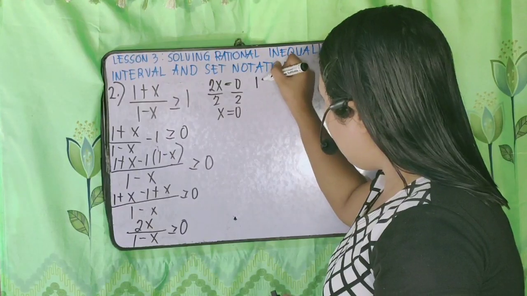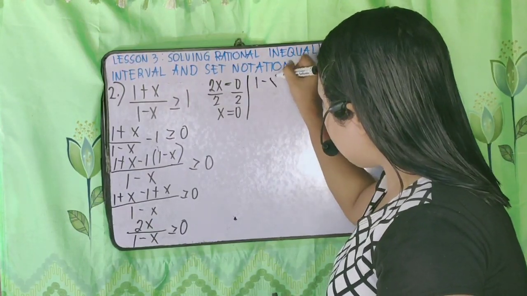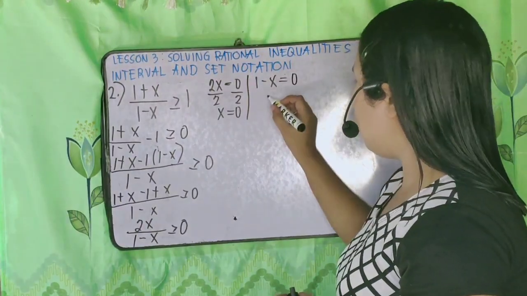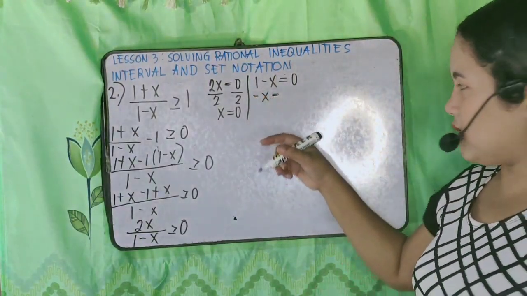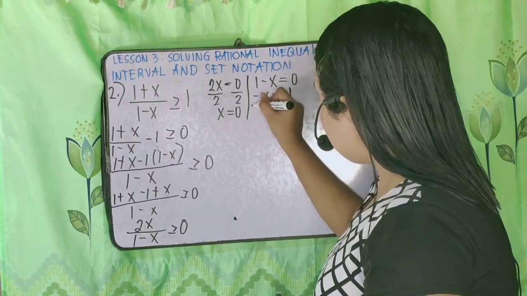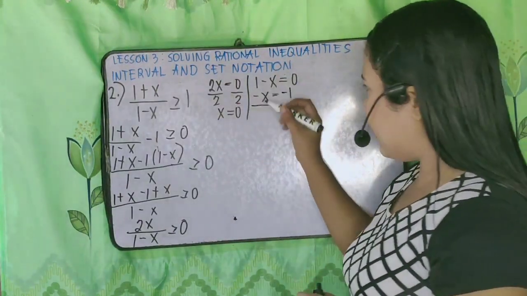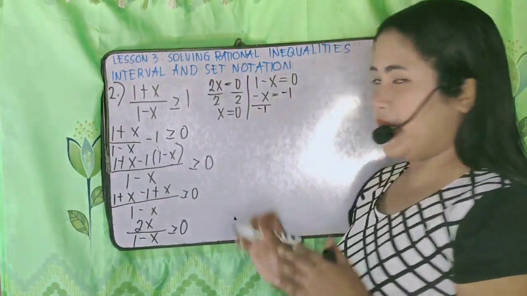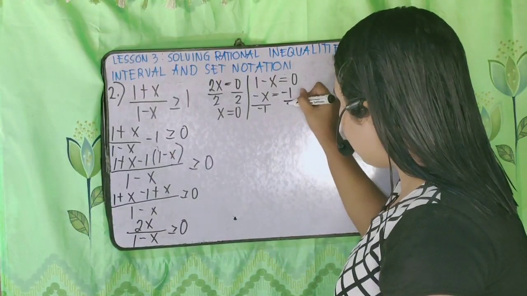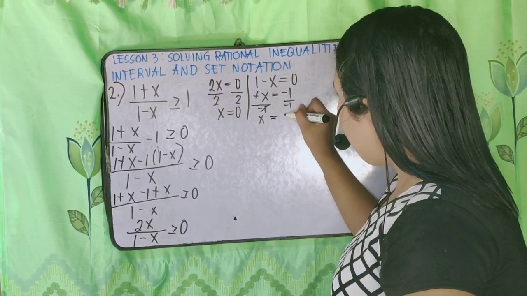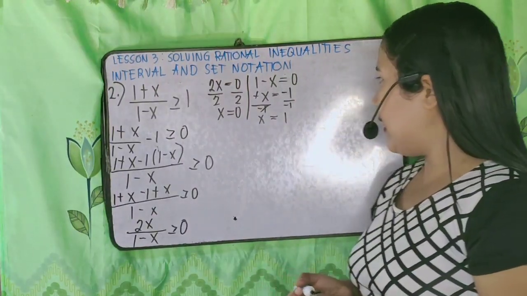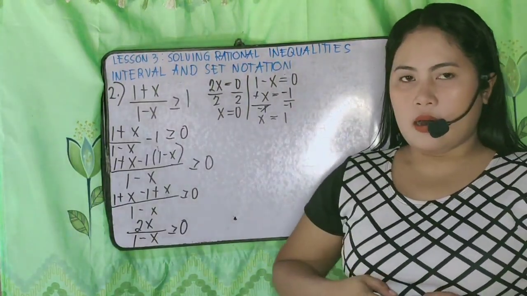So, we have 1 minus x, equate natin sa 0. So, negative x, transpose natin positive 1, so magiging negative 1. So, since may negative yung x, divide natin siya by negative 1 kasi may katabi yung x na 1. So, divide both side by negative 1. So, cancel, cancel. So, our x will be positive 1. Kasi negative 1 divided by negative 1, our answer is positive 1.